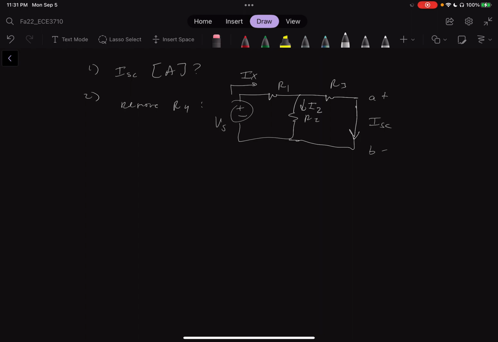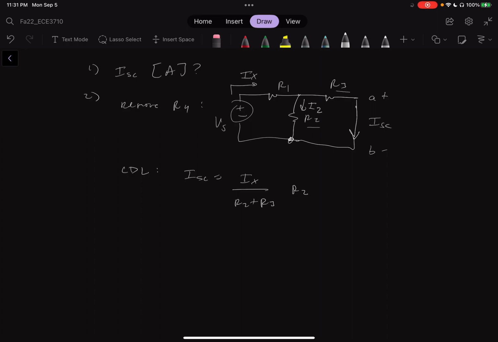The current directions weren't drawn, so I have the freedom to draw them. Now I could just use current divider law, which is ISC is equal to IX divided by R2 plus R3 times R2.